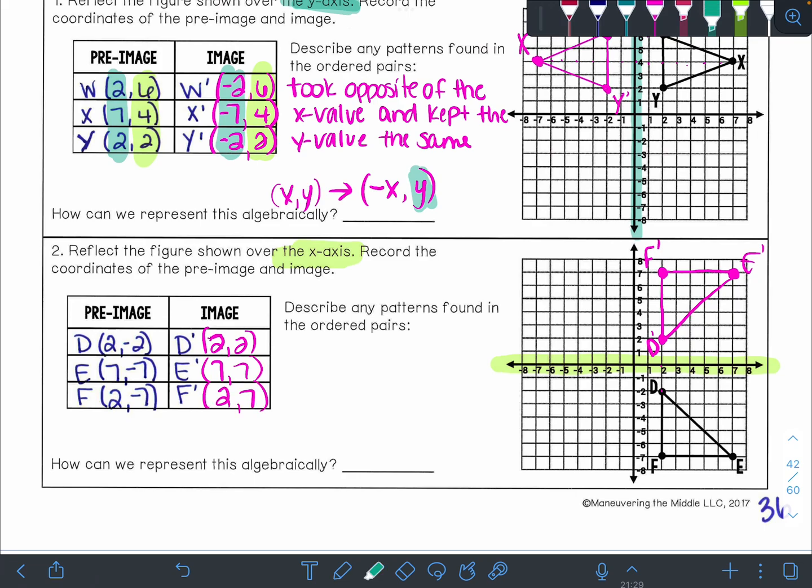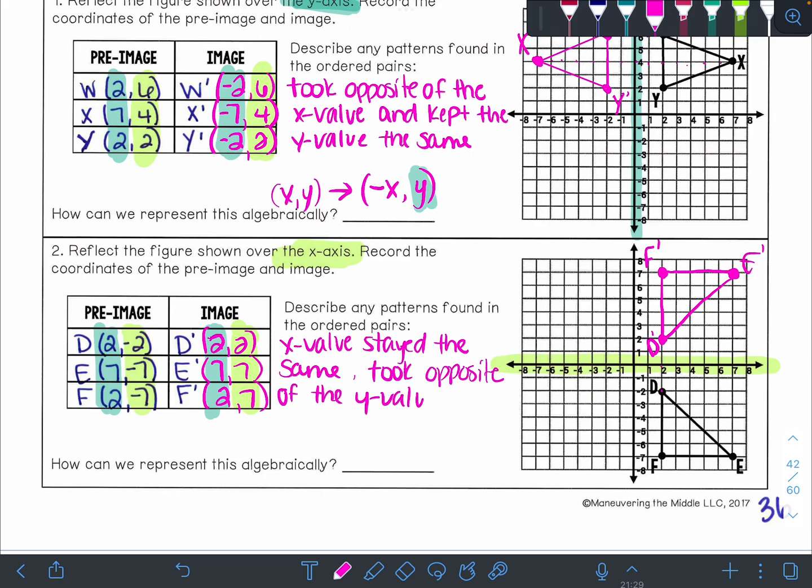Notice this time, my X values stayed the same, but I took the opposite of my Y values. So X value stayed the same, took the opposite of the Y value.